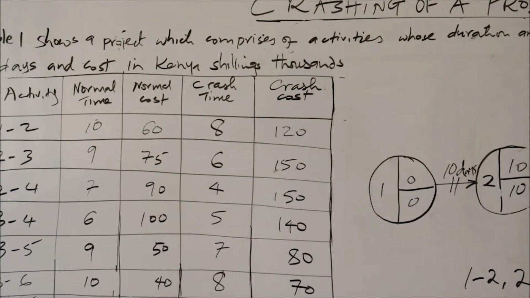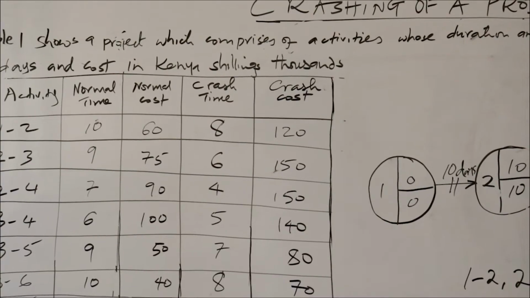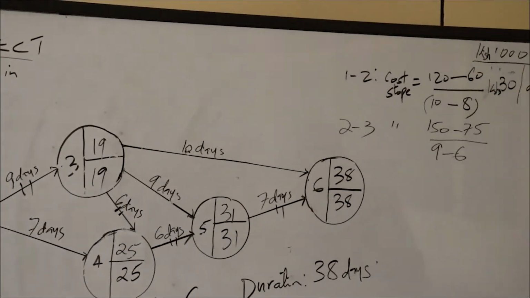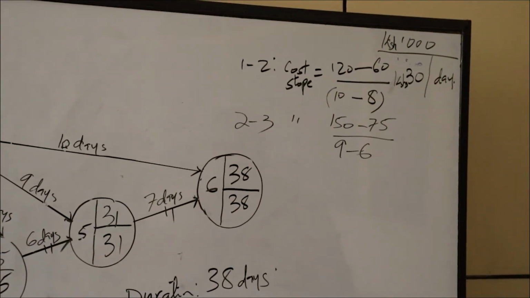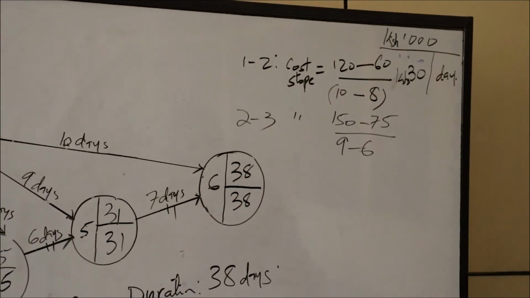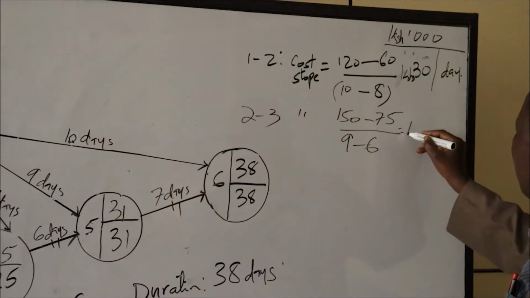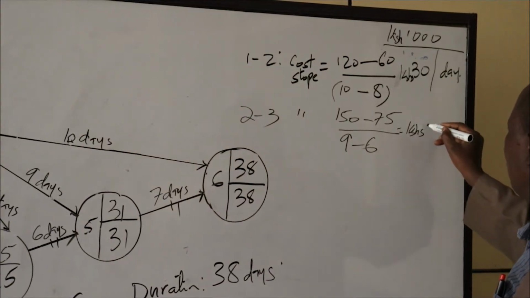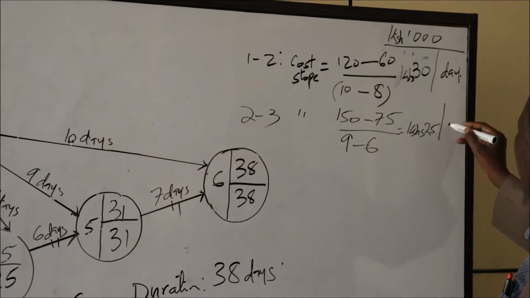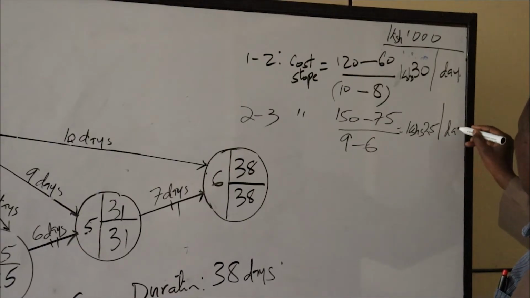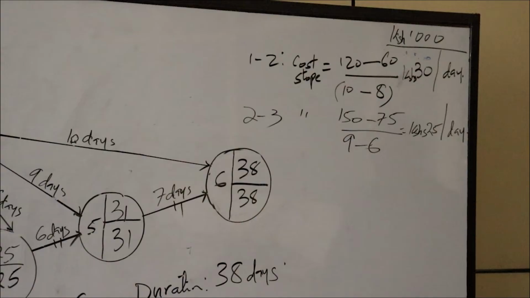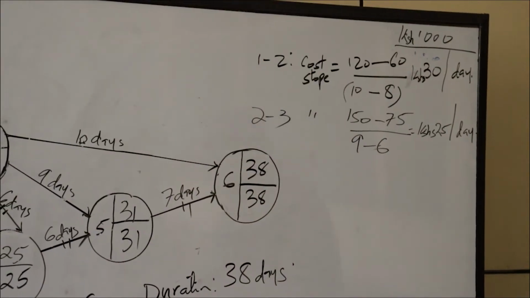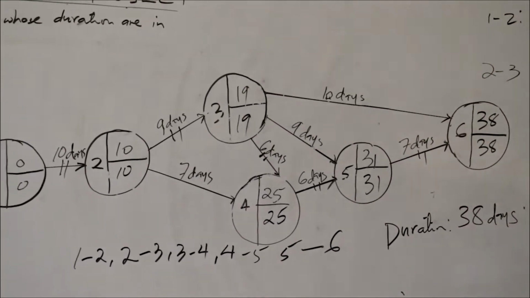That comes to 75 divided by 3, that is Kenya shillings 25 per day.